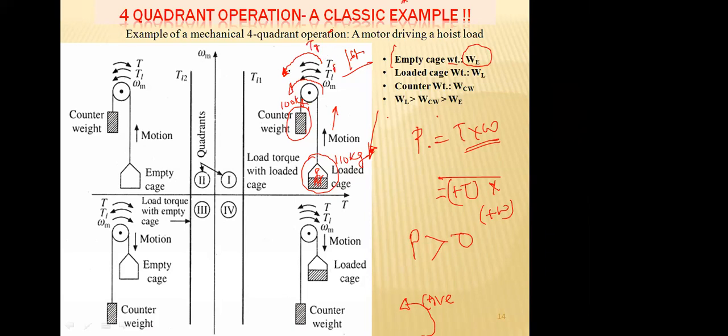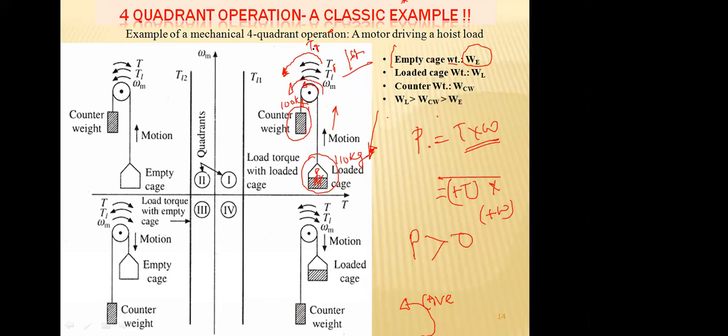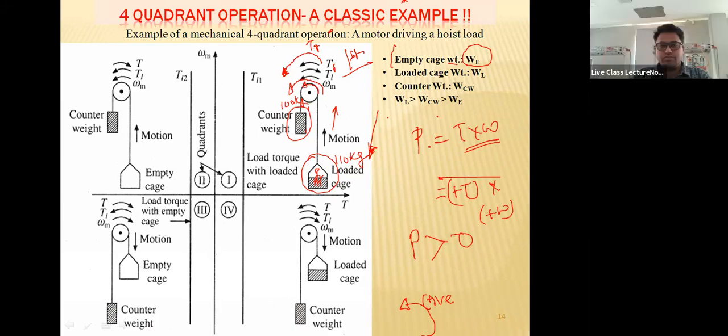This is the TG, this is the direction of rotation. So are they both anti-clockwise? Yes. So TG and TL are in opposite directions, obviously, because you have to pull it up.